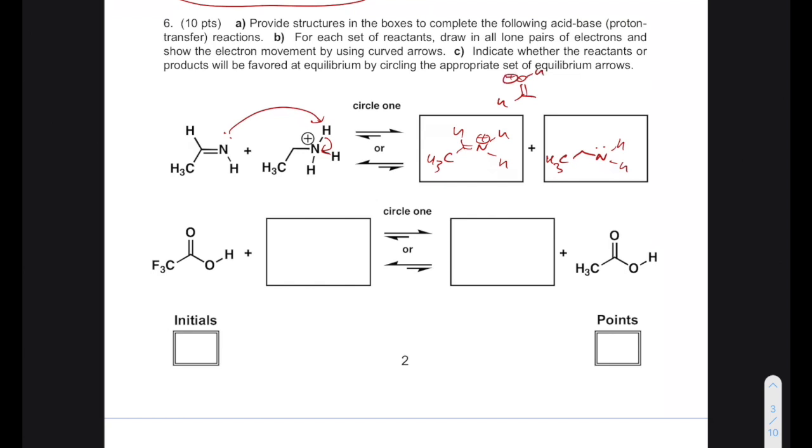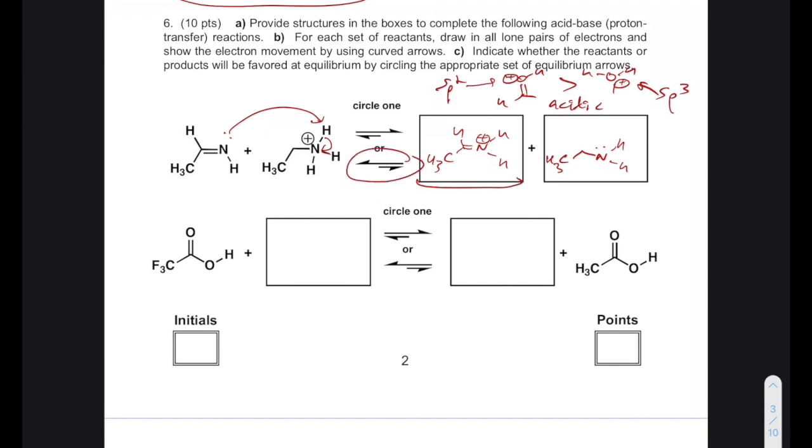This is much more acidic than a protonated alcohol. So oxygen here being sp2 is much more acidic than an oxygen that is sp3 hybridized and being protonated. So because this is a stronger acid, the equilibrium will lie to the left.